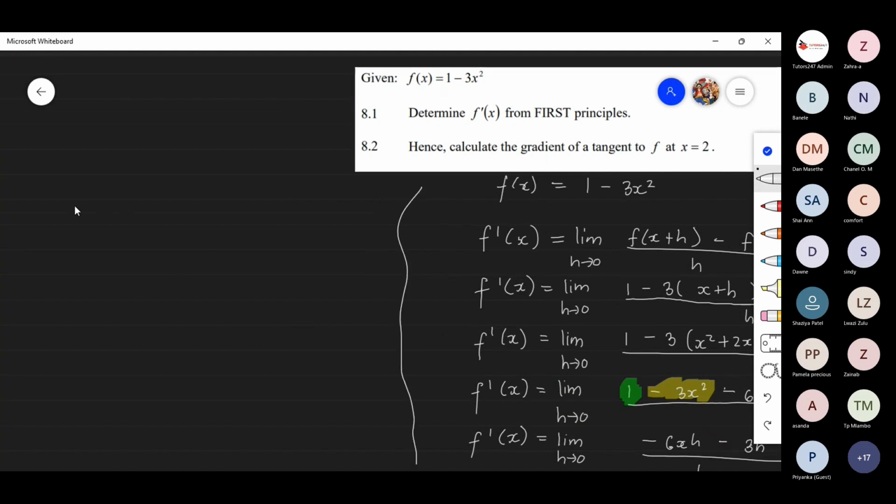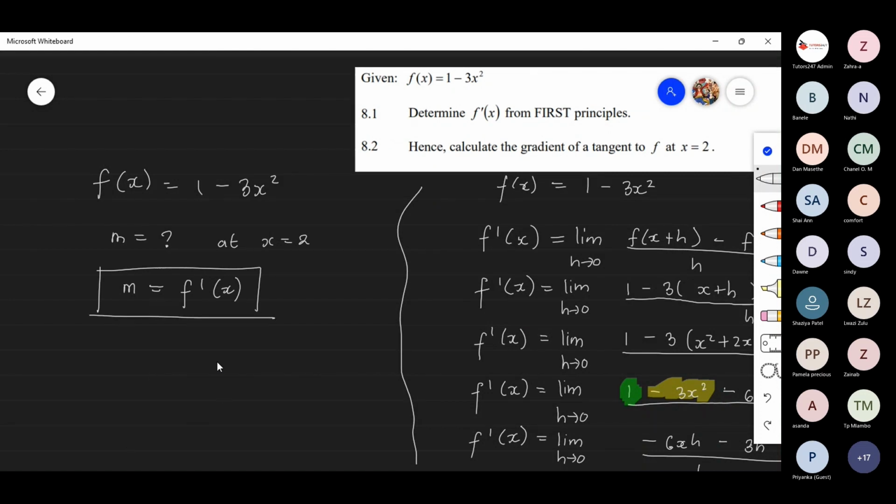So we have f of x as 1 minus 3x squared, and we need to find the gradient at x equals 2. So something important to take note of is that how we find the gradient in calculus is that our gradient is equal to the derivative of that function.